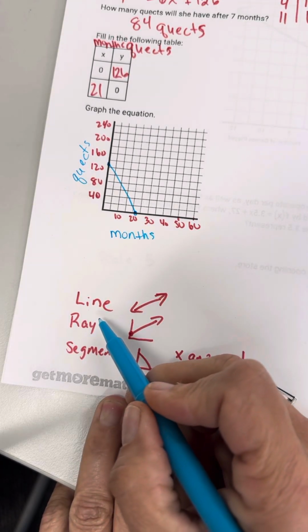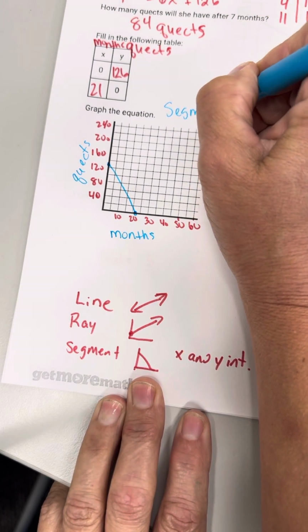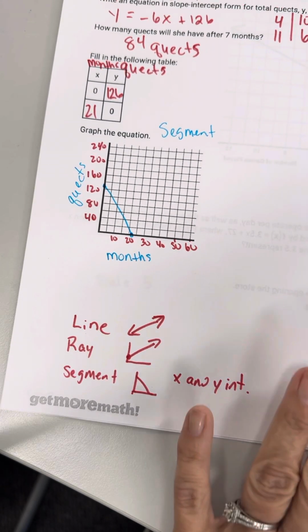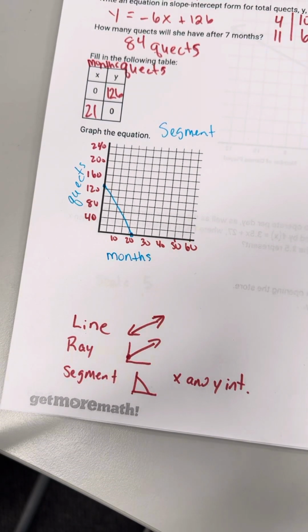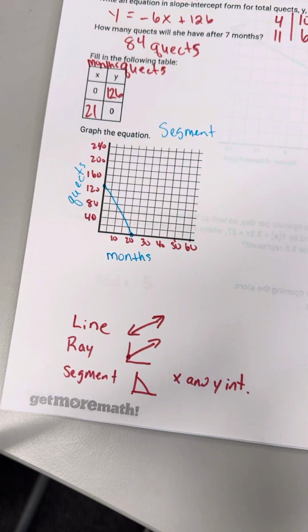because instead of a line, you had to change this to a segment on top. And because there's no negatives, you can't have negative months, you can't grow negative fruit or vegetables, so you don't have a negative. So you're going to have two types. If you have an x and y intercept, it's going to be a segment. If your slope is positive and it's going up, it's going to be a ray.